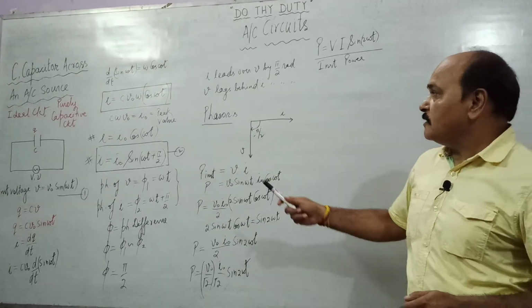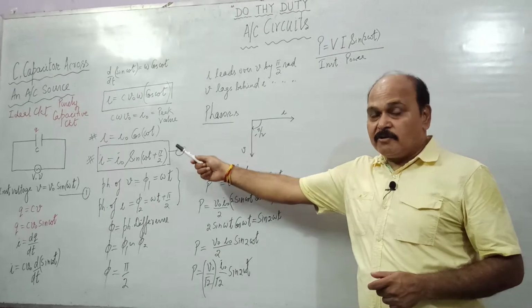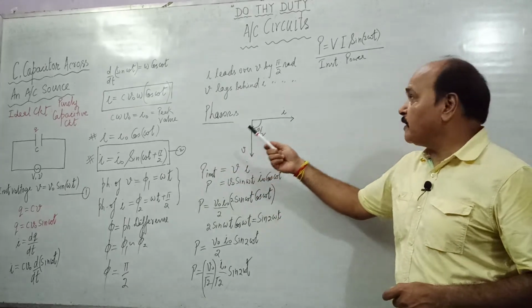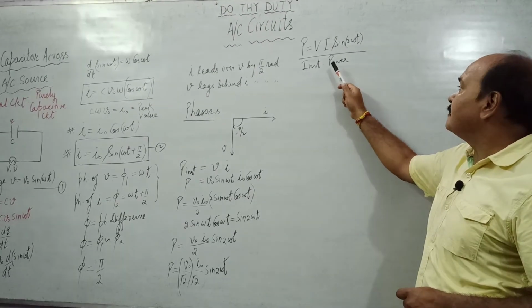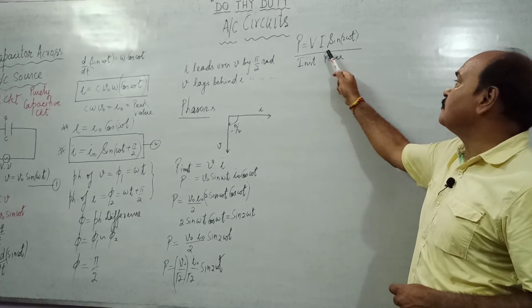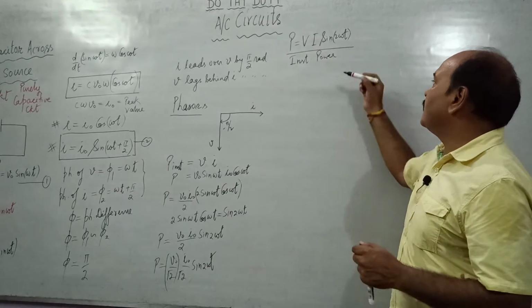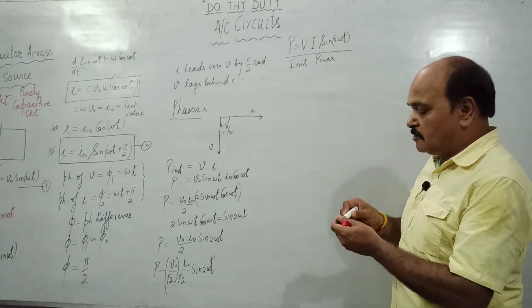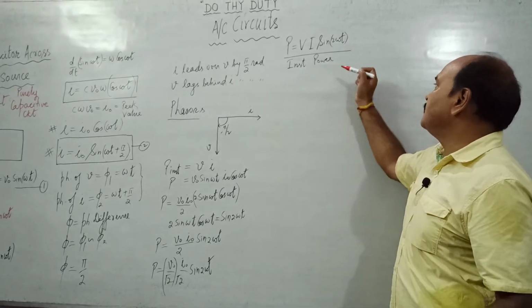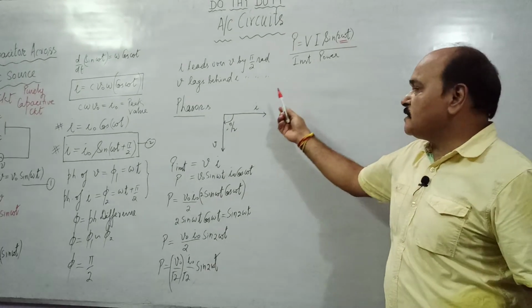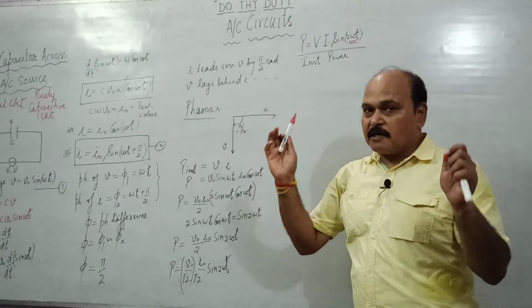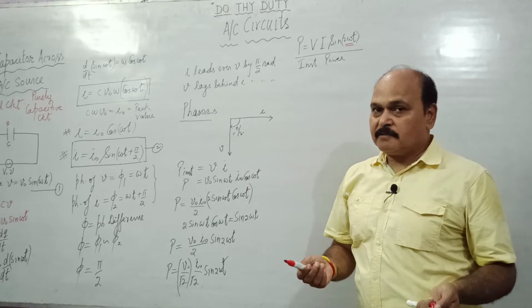The instantaneous value of current is I naught cos of omega t. But the instantaneous value of power is V naught I naught upon 2, or Vrms Irms, into sine of 2 omega t. This is 2 omega. So the frequency of variation of power is twice the frequency at which current or voltage varies.